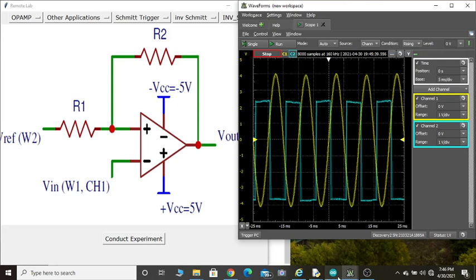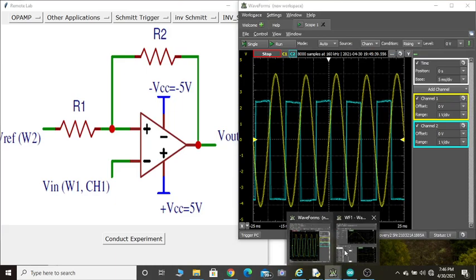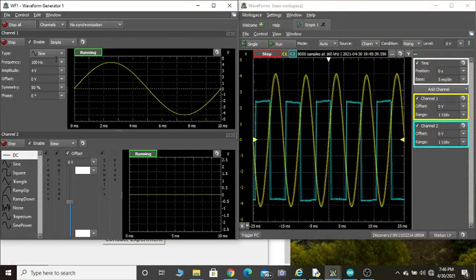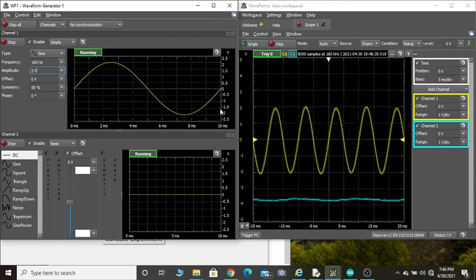Even if I apply a sine wave amplitude of 2 volts, I think it would be sufficient. You can see I will change the amplitude to 2 volt. Now you can see I just made it 2 volts. For 2 volts it is not crossing because VTH and VTL are more than 2.